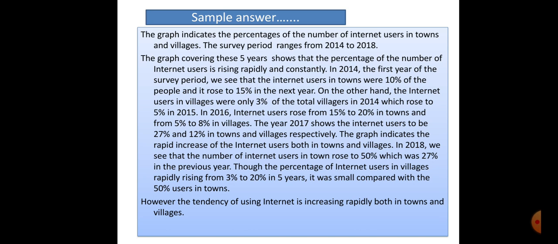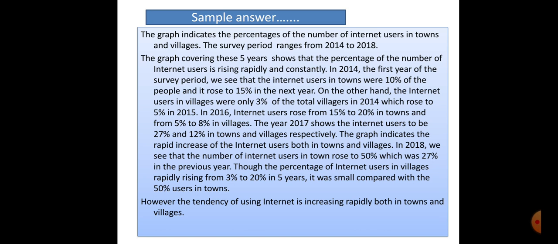In 2018, we see that the number of internet users in town rose to 50%, which was 27% in the previous year, though the percentage of internet users in villages rapidly rose from 3% to 20% in the last 5 years.